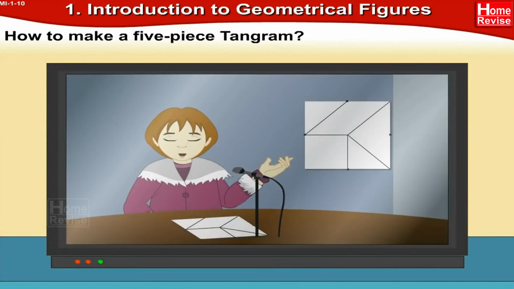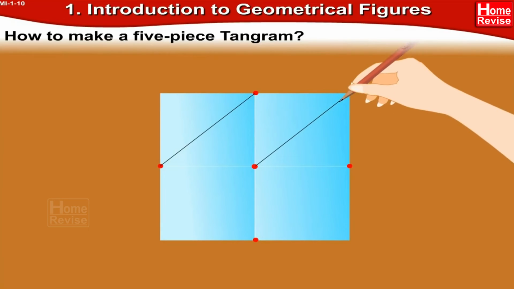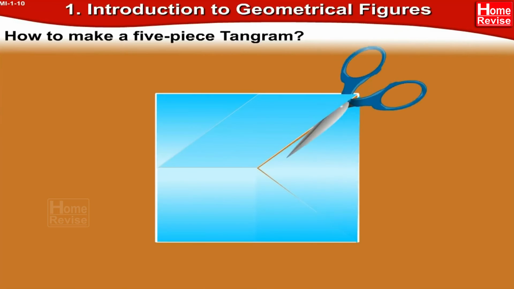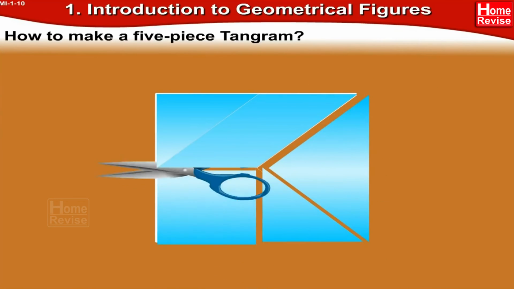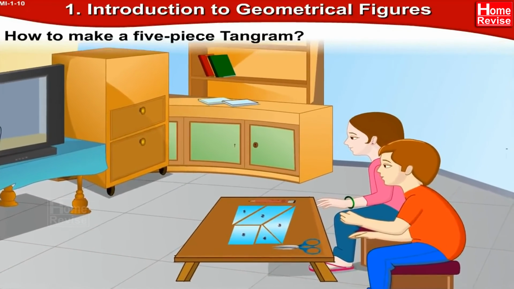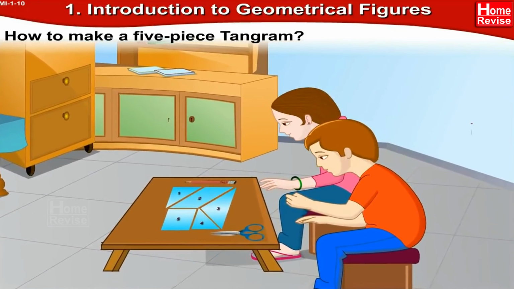Draw lines to draw the center of the sides and the center of the square as shown in the picture. Now, make 5 pieces of the square by cutting along the lines as shown in the picture. But be very careful with a pair of scissors.